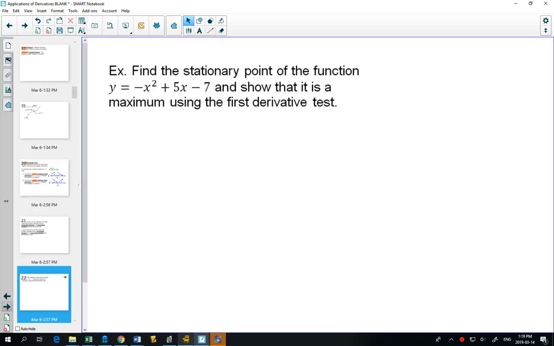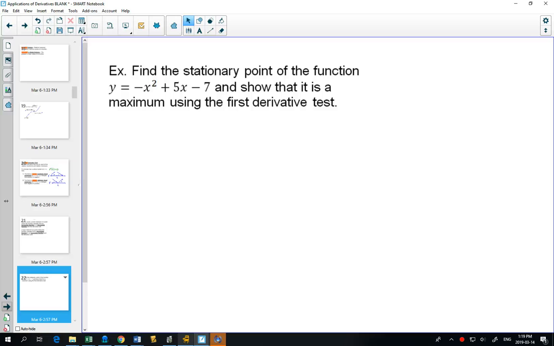And in this curve sketching part, we're really, really interested in finding those maximum and minimum points. So here's another question that you know what it looks like. y equals negative x squared plus 5x minus 7. It's a parabola that opens down. So you can already tell, without any calculus, that this is going to have a maximum point.